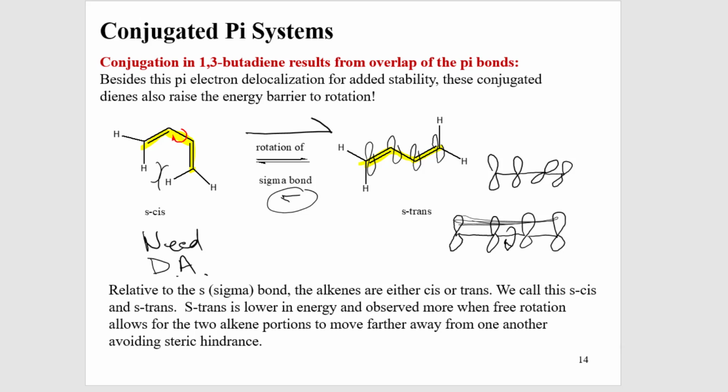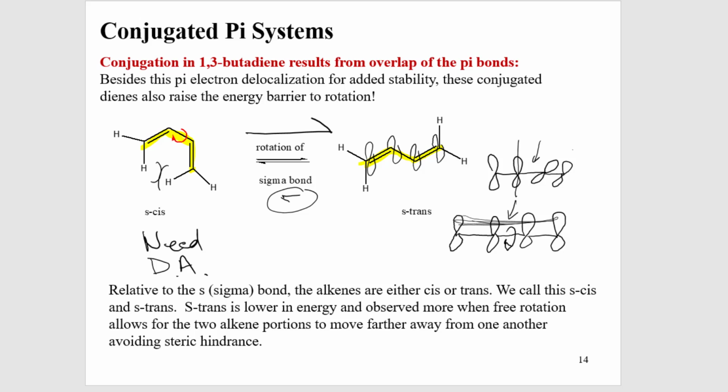So by rotating, you're breaking this conjugation. You get it back when you make the full 180 degrees, right? Because you're rotating 180 degrees to go from cis to trans. But in that 90-degree state on its way to the 180 turn, it ends up breaking conjugation.